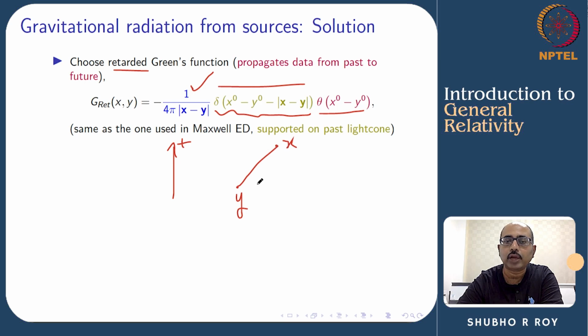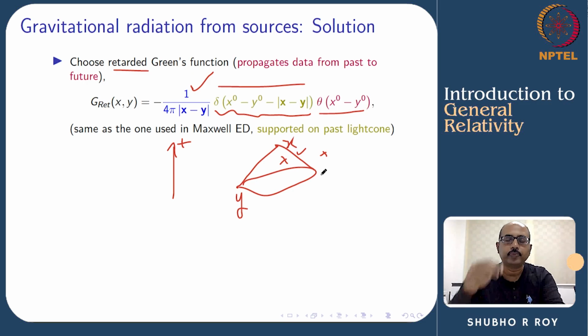That means x and y are light-like separated. In particular, y is light-like separated from x in the past direction. So the Green's function has non-zero support on the past light cone of x. Not inside, not outside. Just on the surface of the past light cone.